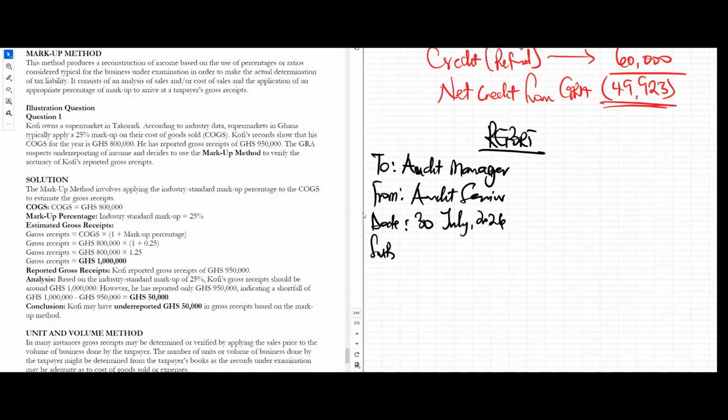Then your subject: recomputation of VAT for ABC Limited, right? I'm also teaching you how to write this. Most of your questions take that form. I hope you are all following.